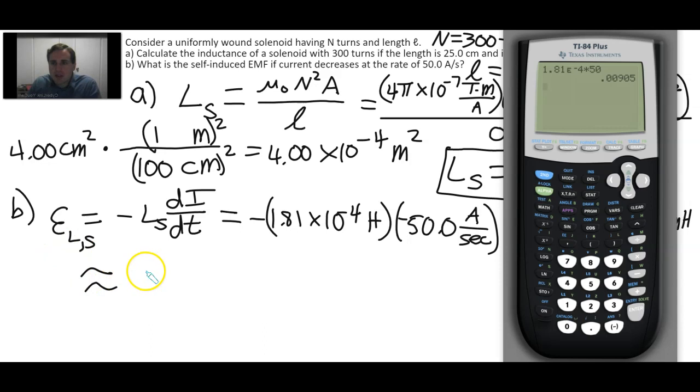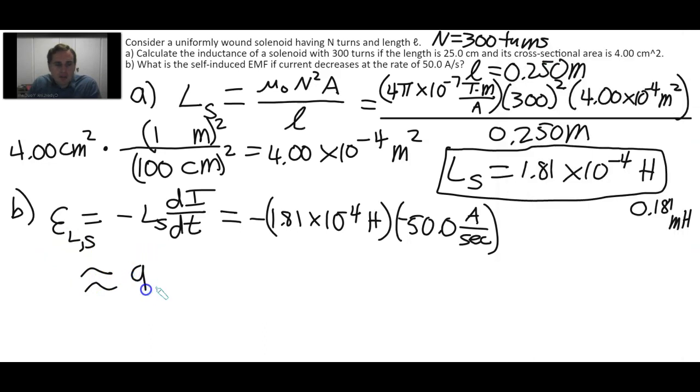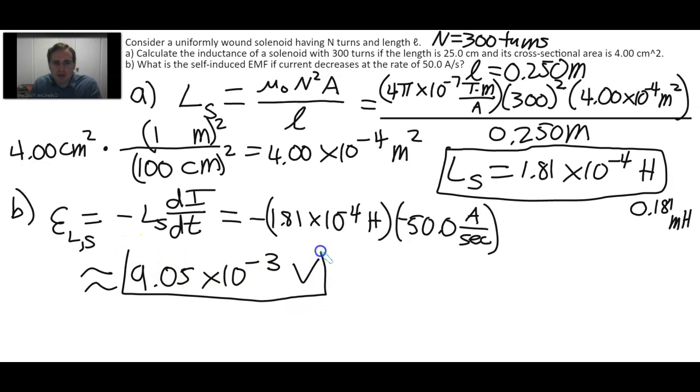So this is 9.05 times 10 to the minus 3 volts. So this is in the millivolt range. So that's 9.05 millivolts. Okay, so it's not extremely large. This is kind of a smallish solenoid, but you get the idea of how to do this calculation.